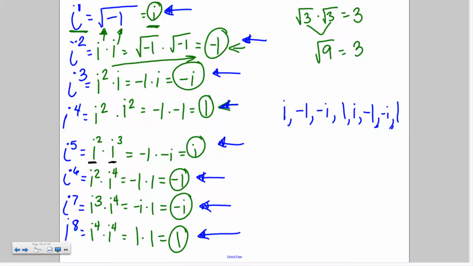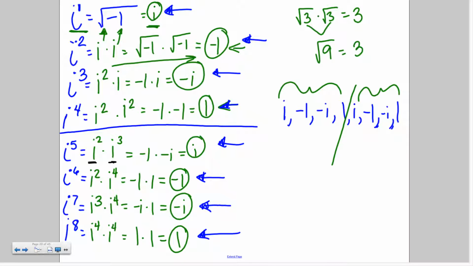Now, if I look at that, I'm starting to see a pattern. I, 1, I, 1. There's some negatives and some positives. This repeats itself. So every fourth time it starts repeating.